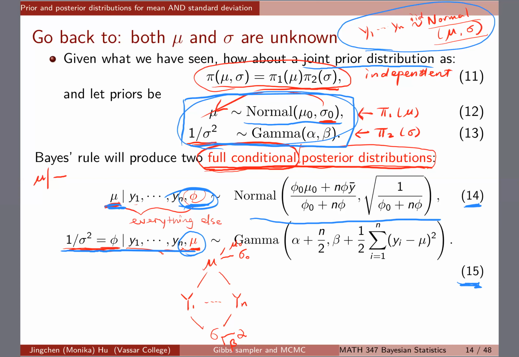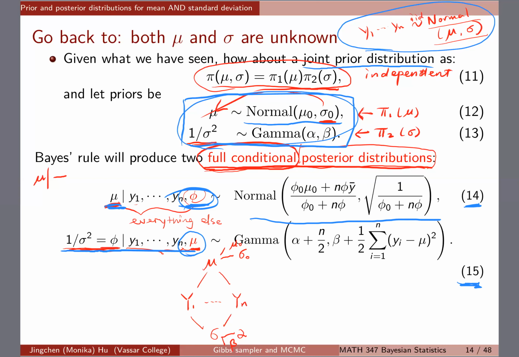So notice the difference. In the past, we just worked with the posterior distribution because by definition, the posterior is the unknown parameter given the data, right? But now we have two parameters. What are we going to do? We're going to assume that the other parameter is known whenever we're deriving equations 14 and 15. But both of the parameters are unknown to start with.